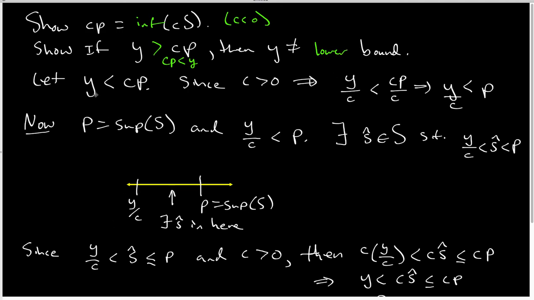And so here again, we're going to let Y be bigger than the thing that we're trying to show is an infimum. And this is the main hypothesis that got changed. C is no longer positive. C is negative.